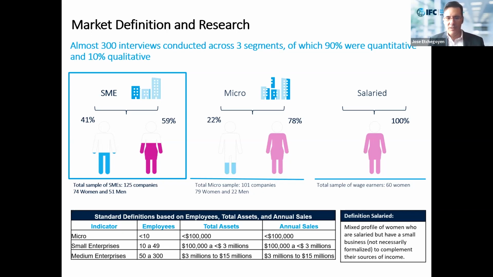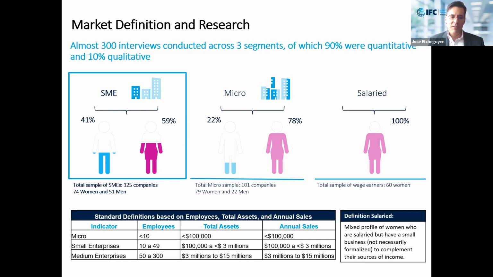Or if they have less than $100,000 of total assets and annual sales of less than 100,000, they're also a micro. If they are between 100,000 and 3 million, either in sales or in assets, they are a small enterprise.